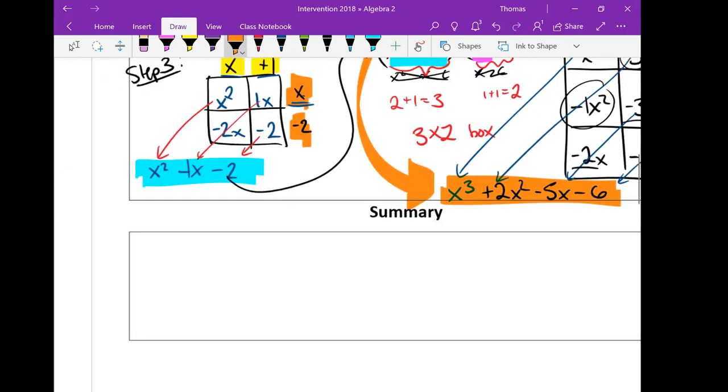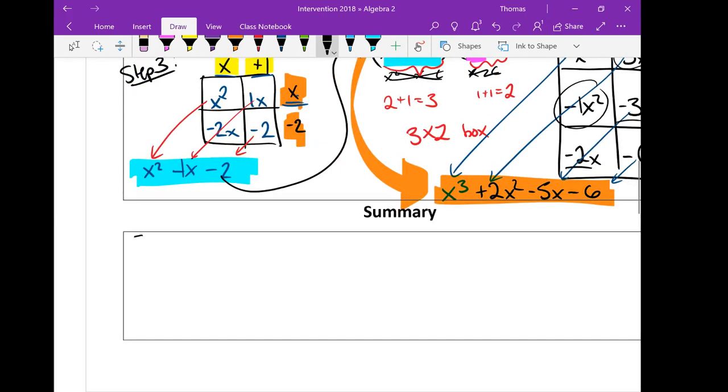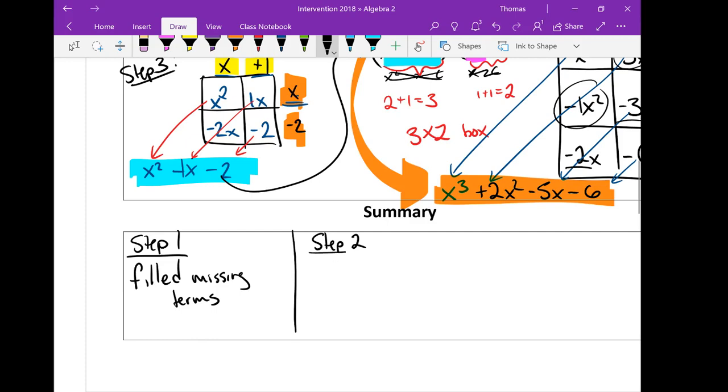So for a summary, we always did our first step. Step 1, we filled missing terms. Step 2, we determined the number of rows and columns.